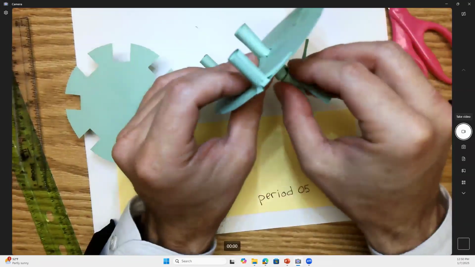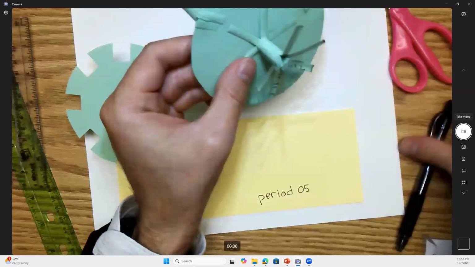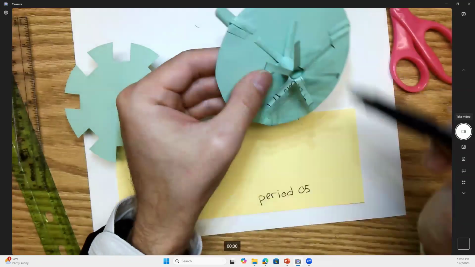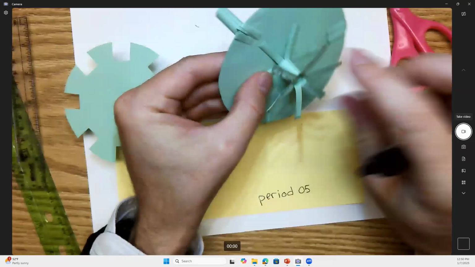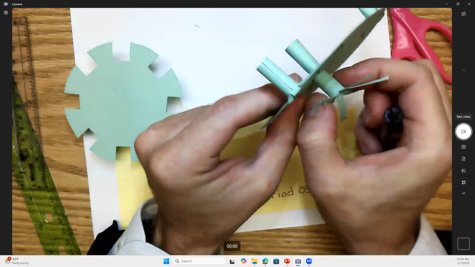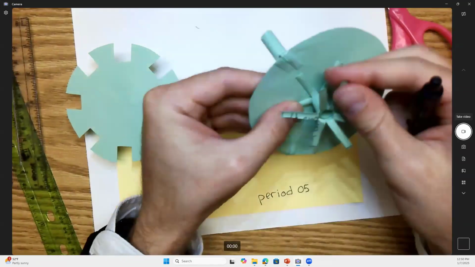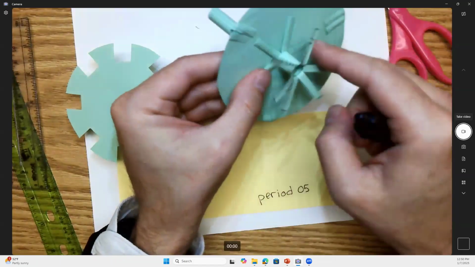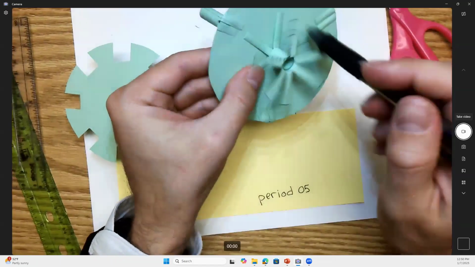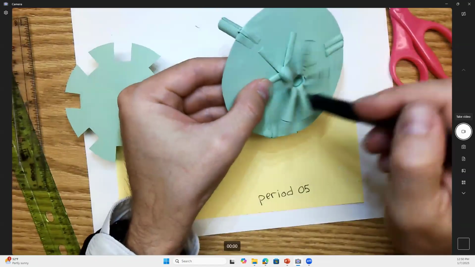Let's rotate. See. This one's a little tighter, but yeah, it's going to work. Yeah, that'll still work though. Yeah, that'll work. That works pretty good. There you go.